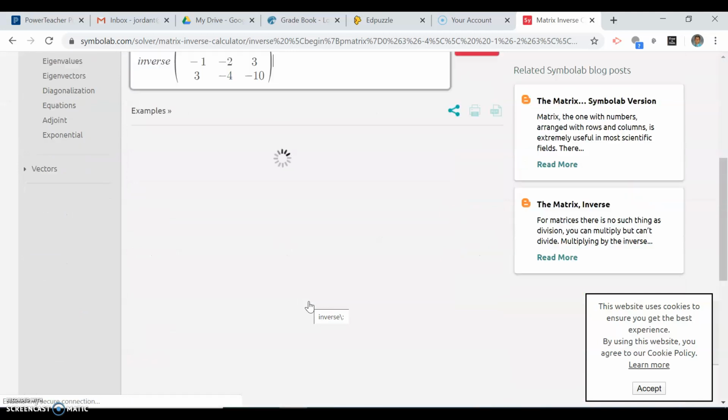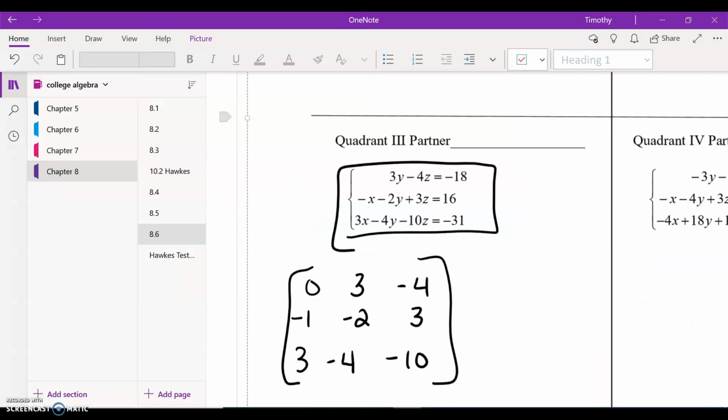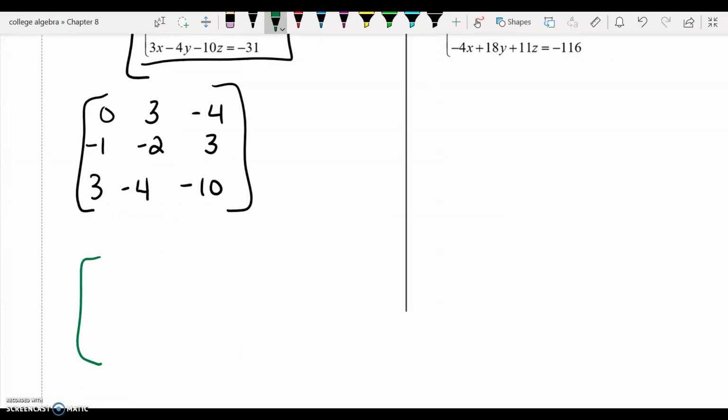So I'm going to find the inverse. When you do that, you get something that looks like this. So this is my inverse. So I'm going to write that down. So I would take -32 over 43.